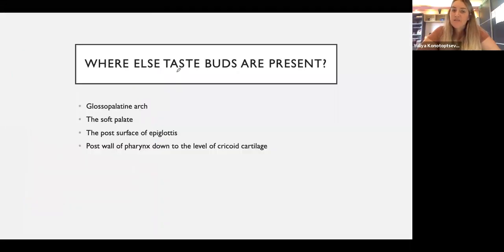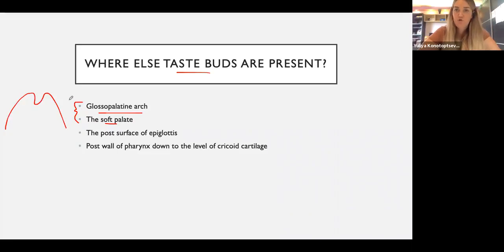Where else do we have the taste buds? Not only on your tongue, but also on the glossopalatine arch and soft palate. These structures are at the back of your mouth, right? So you remember the uvula hanging down? This is your soft palate. Right behind it, like this, there is the glossopalatine arch. Okay, so right behind it.